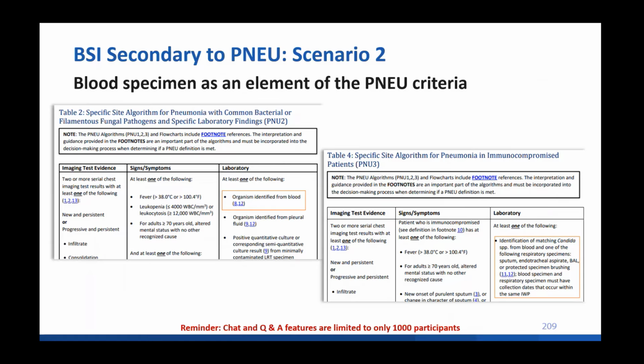And these are from Table 2, organism identified from blood, and from Table 4, the identification of matching candidate species from blood and sputum, endotracheal aspirate, bronchoalveolar lavage, or protected specimen brushing, and the blood specimen and respiratory specimen have collection dates that occur in the same infection window period.